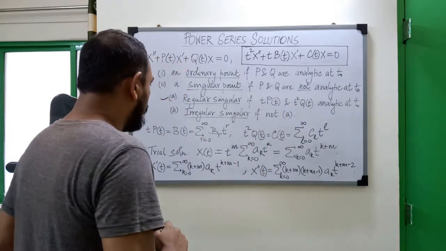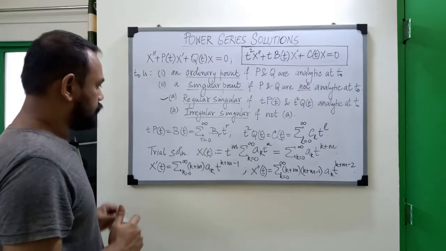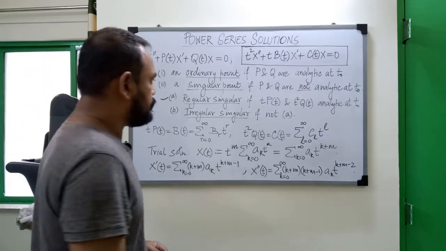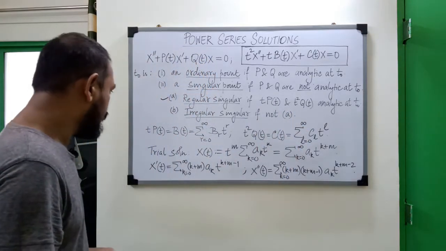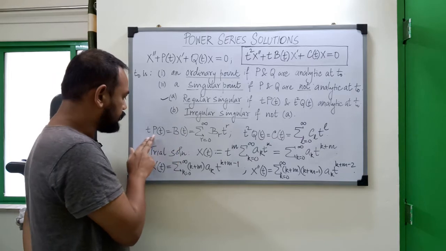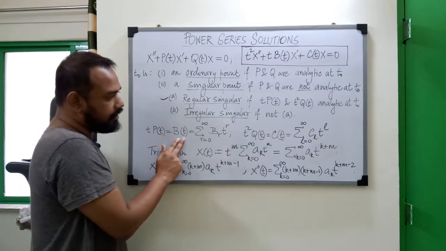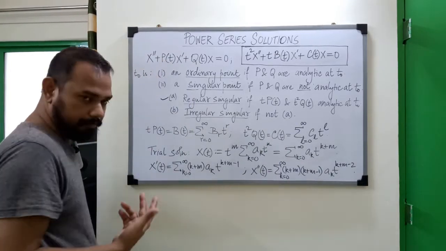In this case, how do we solve this differential equation? If tP and t squared Q are analytic, you can just name them as different functions. I'm calling tP by B, and I'm calling t squared Q by C. Just giving them different names.